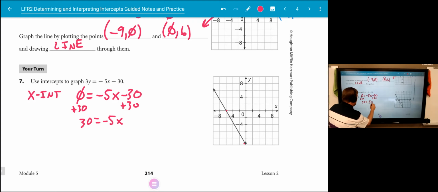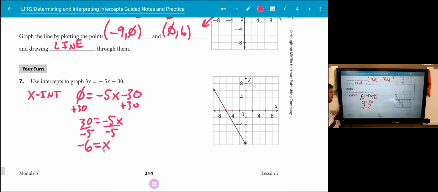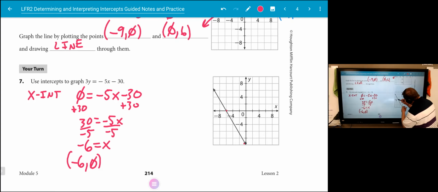Divide both sides by -5 to get x by itself. A positive divided by a negative is a negative. So -6 is x. In other words, this x-intercept is -6, 0. Nailed it.